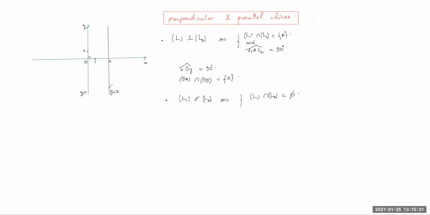These two lines are different and they are parallel, because they don't intersect; they don't have any common point. Any point on y equal 2 is at a distance of 2, which is strictly positive, so there is no common point between the two lines. So the line y equals 0 is parallel to y equal 2.